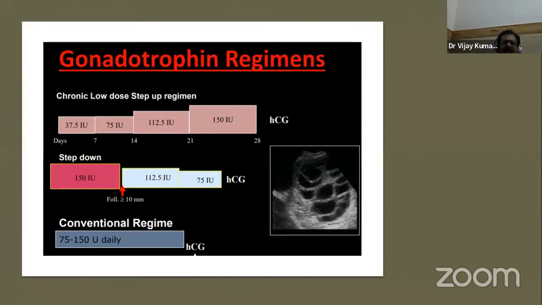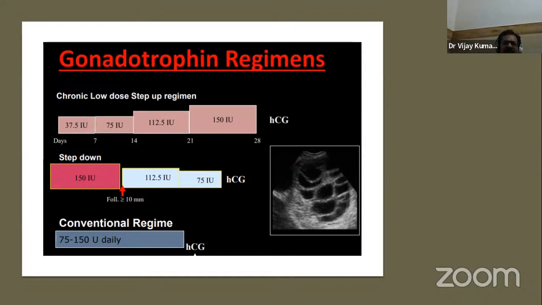So what is the chronic low dose step up regime? In this regime, the ovulation induction is started with the usage of very low dose gonadotropins, that is about 37.5 international unit. See, the gonadotropins come in two dosages, either 75 or 150 IU.